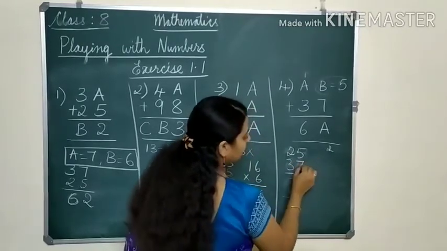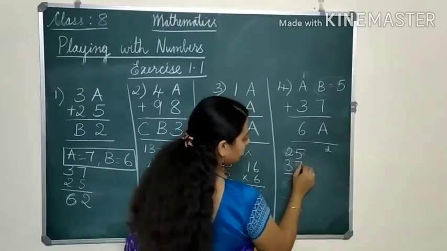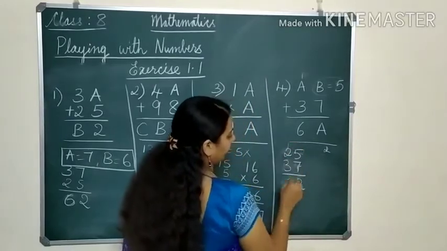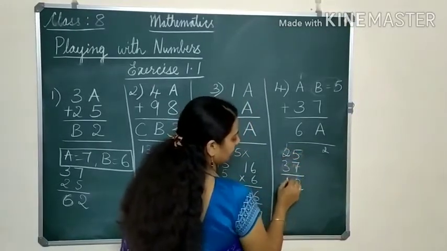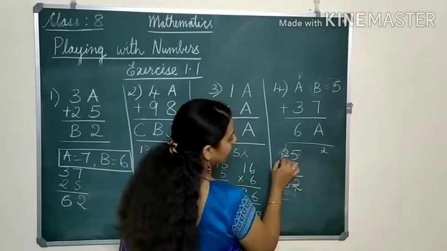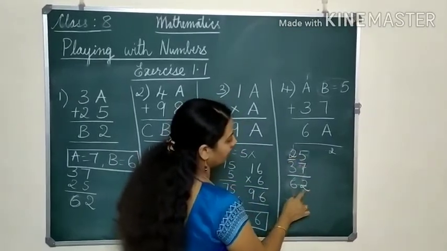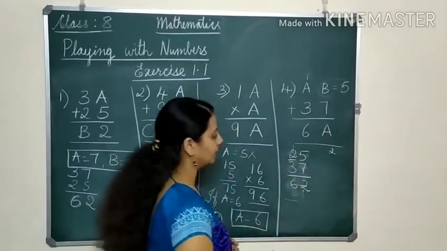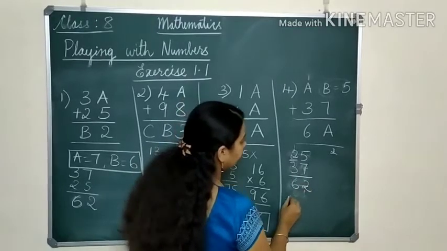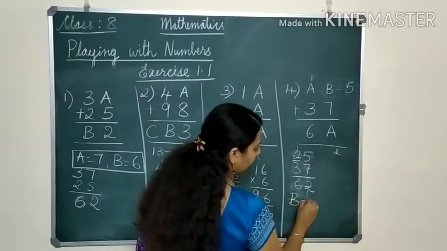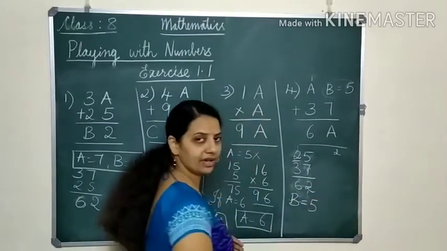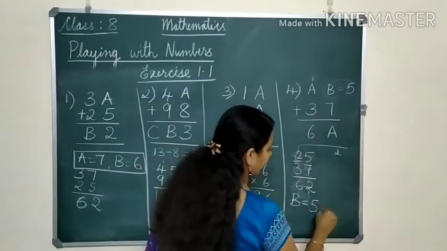So 5 plus 7 is 12, 1 carry, 1 plus 3 plus 3 is 6. Here also you have 2, here also we have 2. Our answer is matching. So that's why we can conclude that B takes the value 5 and A takes the value 2.